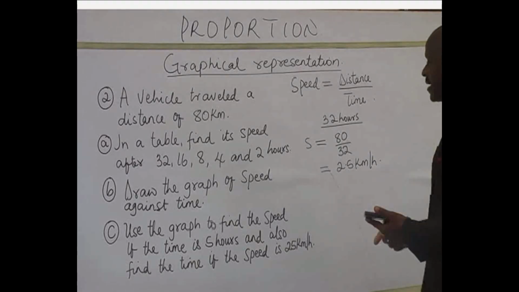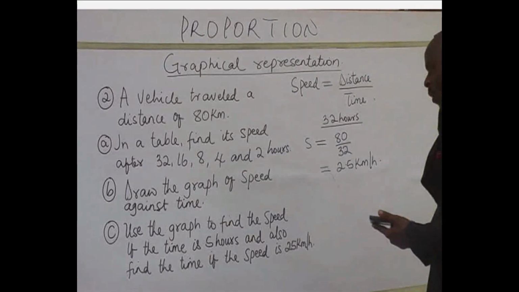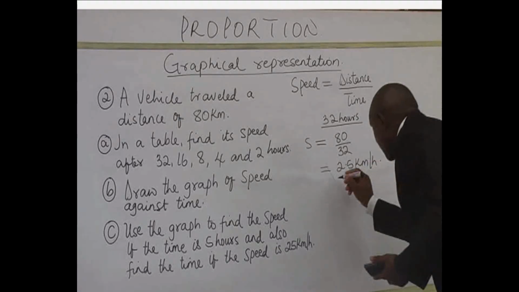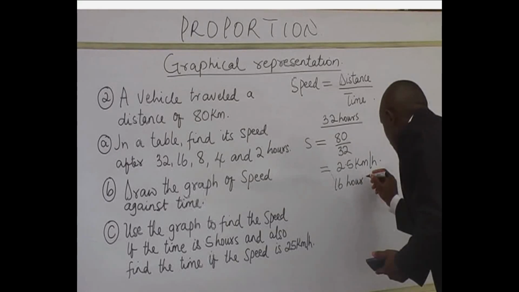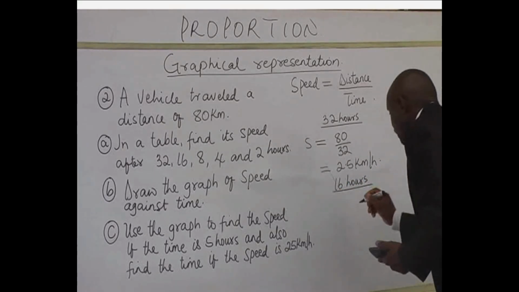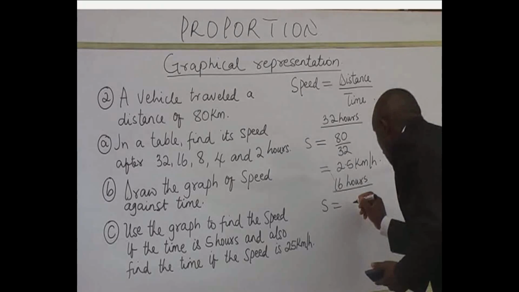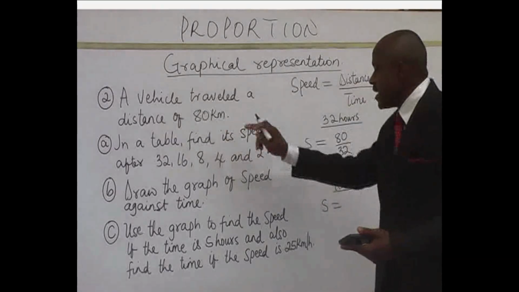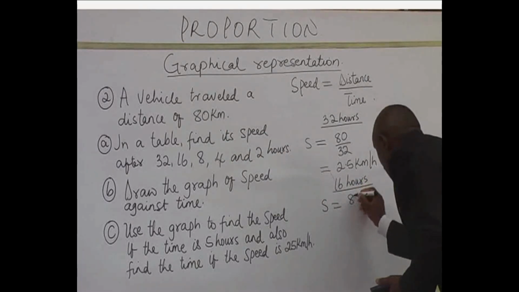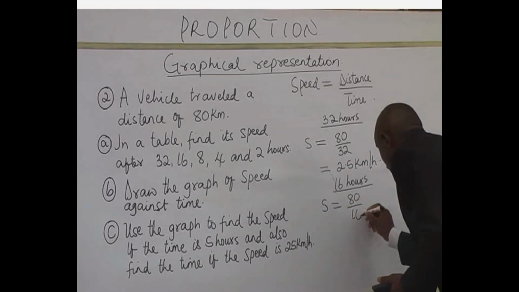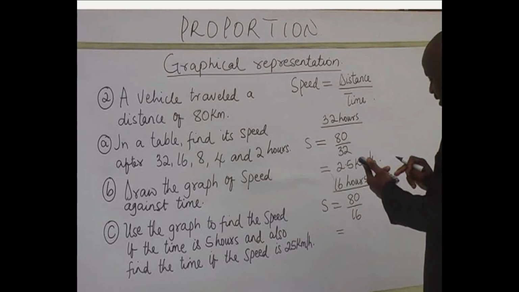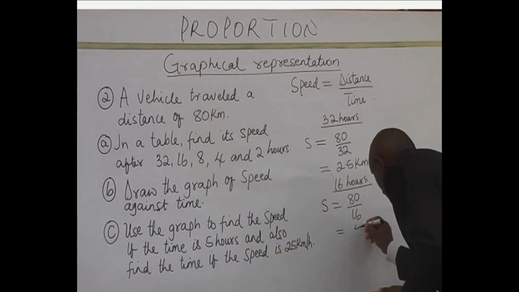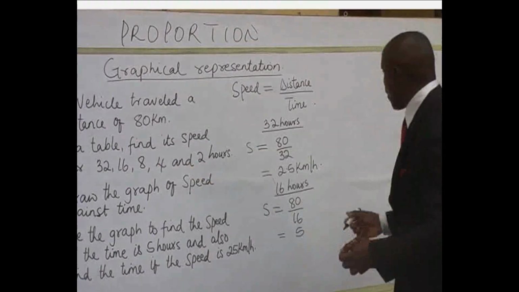The next one is the speed when the time is 16 hours. S is equal to distance over time. The distance is 80, so use 16 to divide 80. You are going to have 80 divided by 16 is 5. Next is 8 hours.